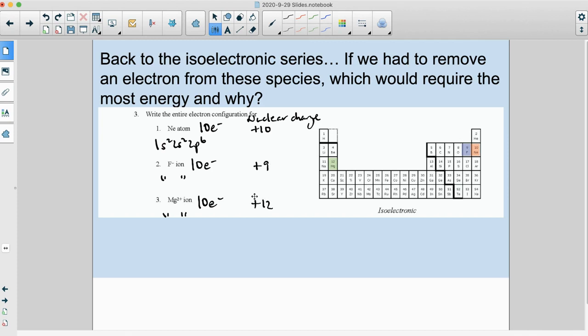Okay, so those 12 protons can pull in those 10 electrons more tightly, which means that this will be the hardest to remove an electron from. And this is basically the easiest one to remove. Sorry, that's confusing.